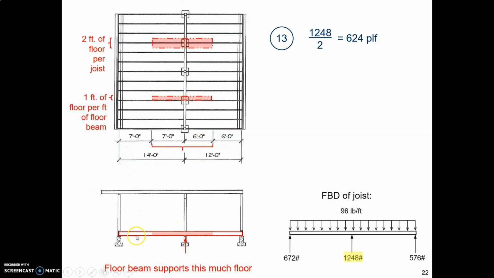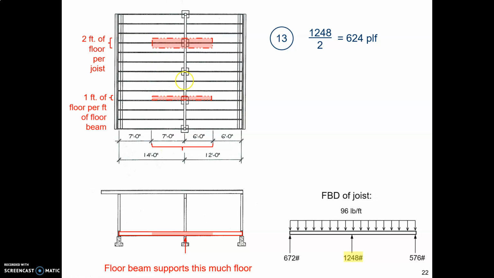All right, so this joist in the lower corner, we found out that the support there at the floor beam was 1248 pounds. And that was for a 2-foot wide strip of floor because the joists are 2 feet apart.